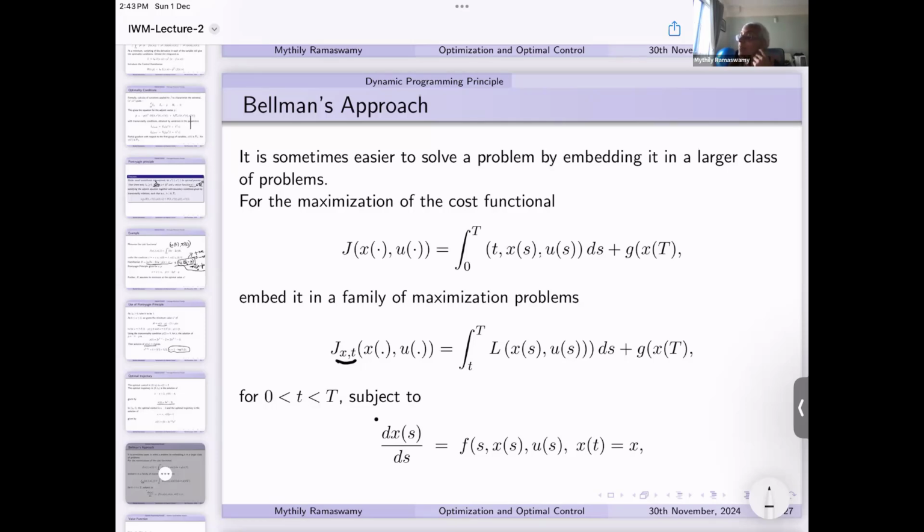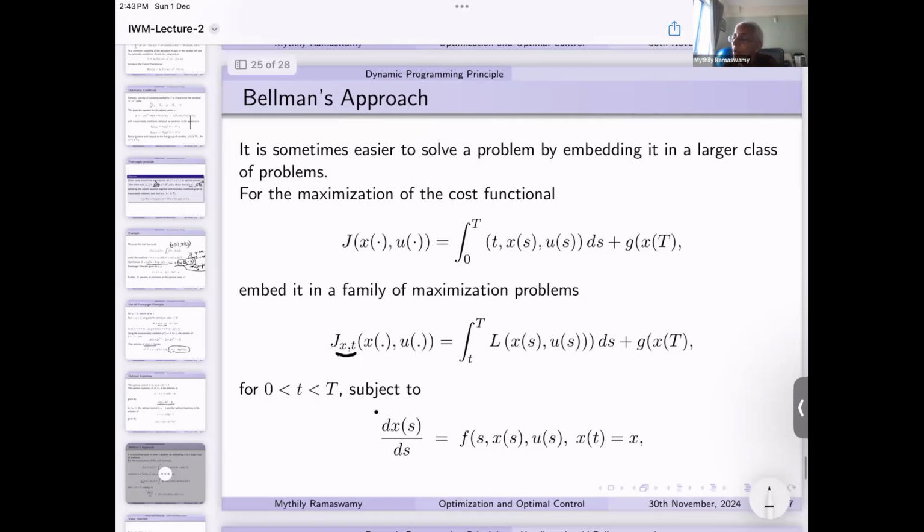That gives some results, and that is one way of approaching the optimal control problem. So the original J can be embedded in a family of problems if I vary x in Rn and t from 0 to capital T.